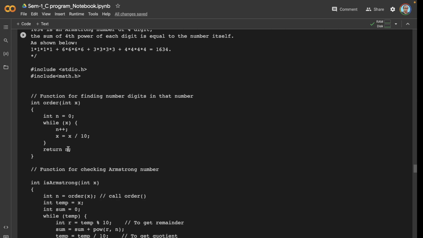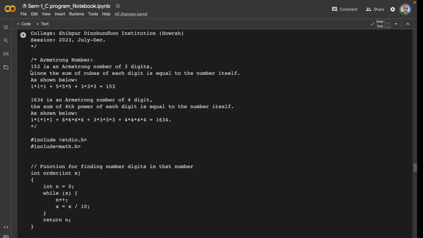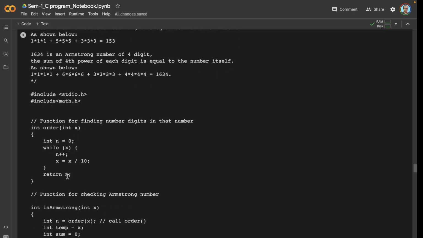By this n we can find, for this integer x, suppose x equals 153, then n equals 3.